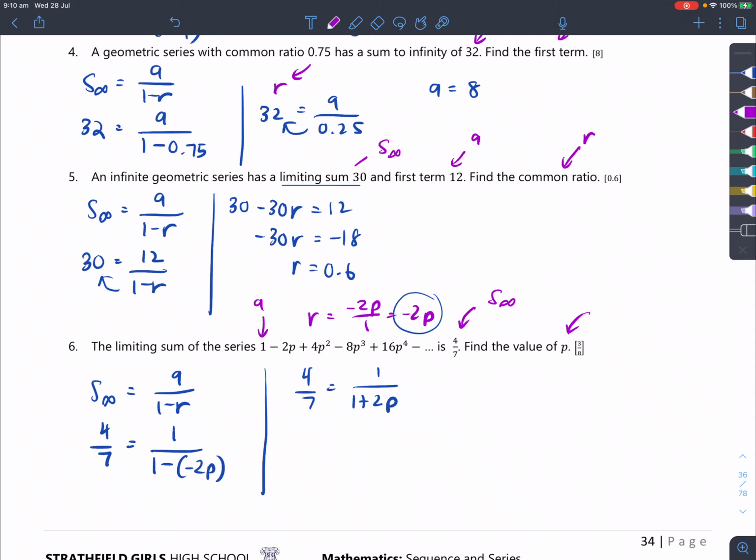And now if we cross multiply, then 4 plus 8p equals 7. Subtracting 4 over, 8p equals 3. So dividing by 8, p would equal 3 over 8.